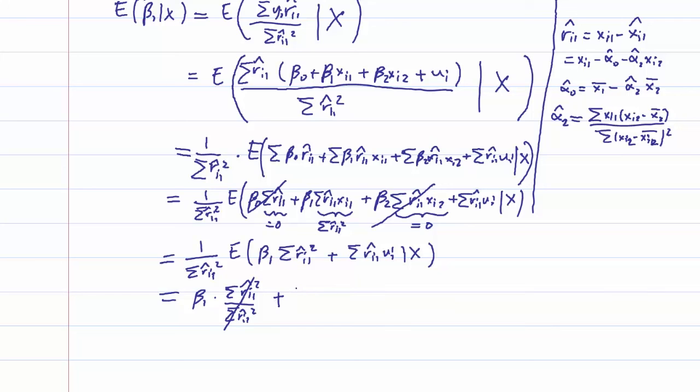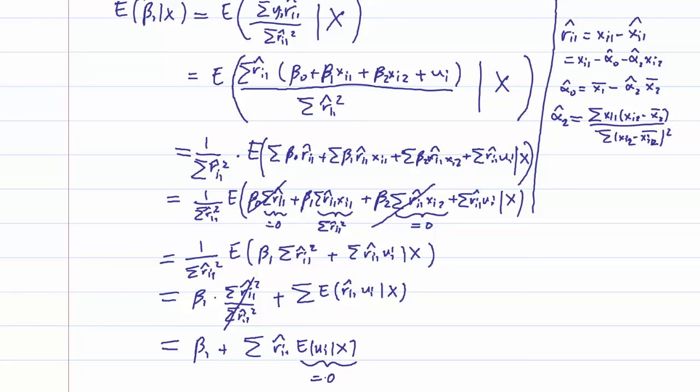plus the expectation of the sum, and we know that the expectation of a sum is the sum of the expectations. So this is a sum of expected ri1 hat ui conditional on x. ri1 being just dependent on the x's, I can get it out of the expectation. So I get beta 1 plus the sum of ri1 hat times the expectation of ui conditional on x.